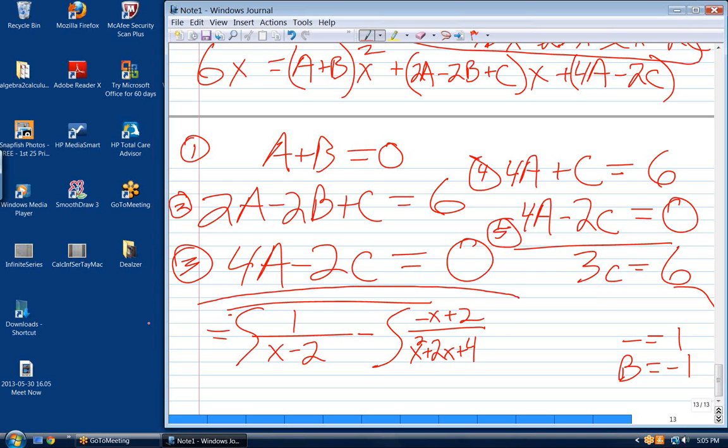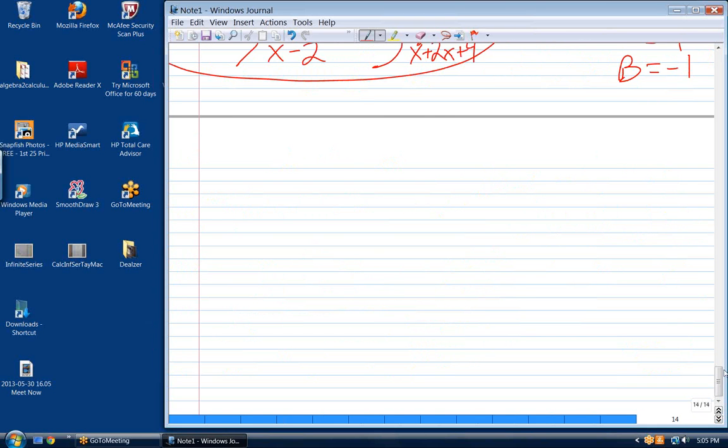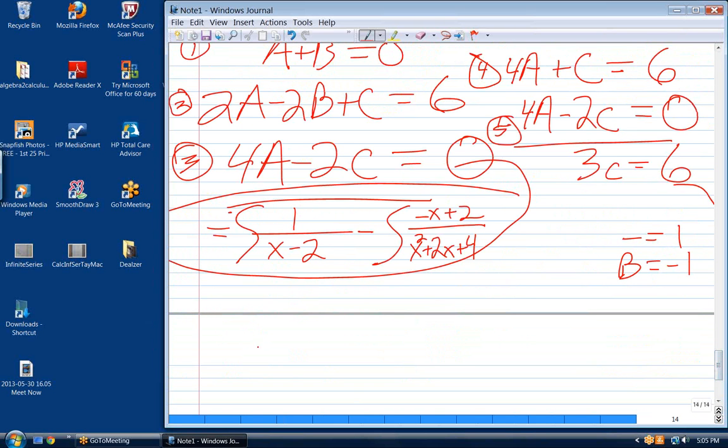Okay, you're good with how we got to here? Okay. Well, the integral of the left is what? ln of x. Okay. Now the integral of the right. You know what this is?